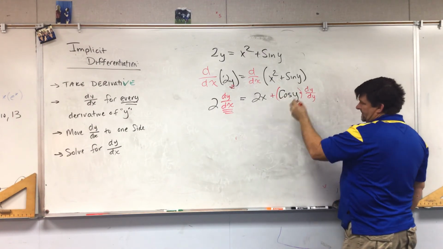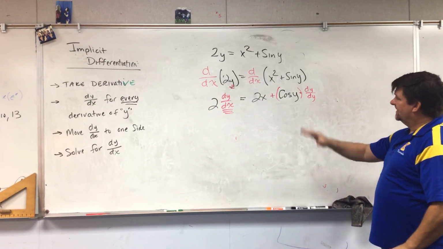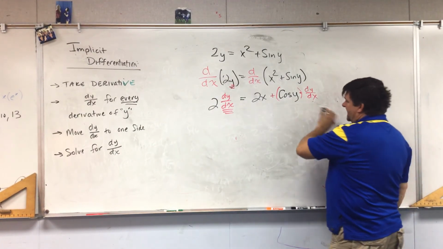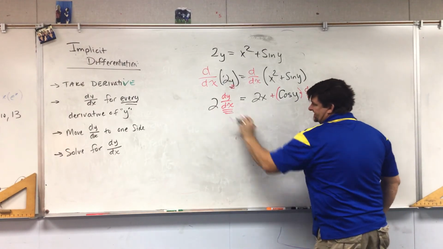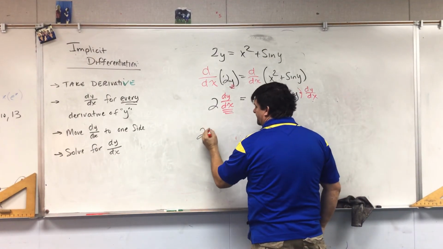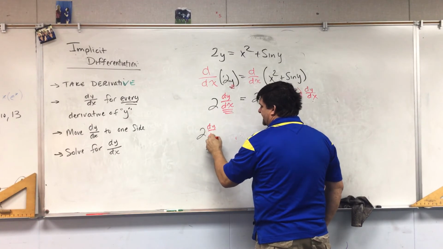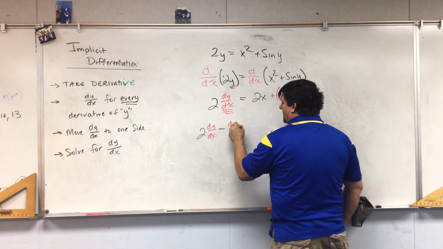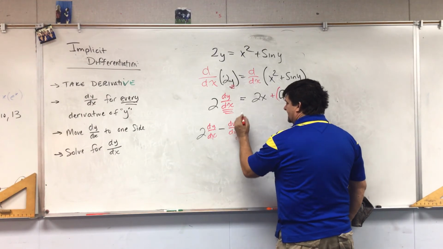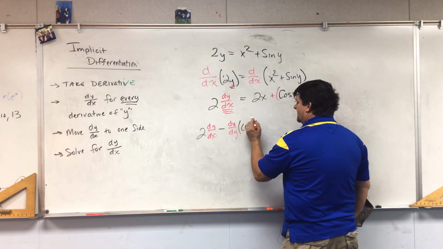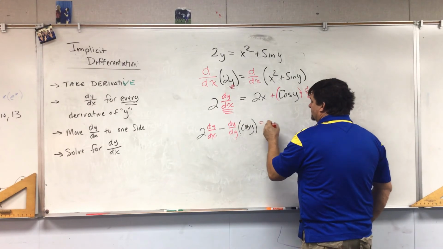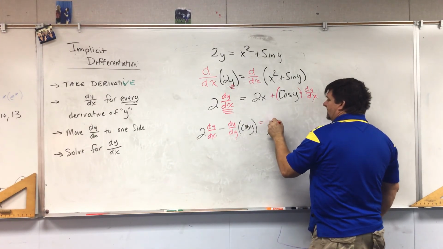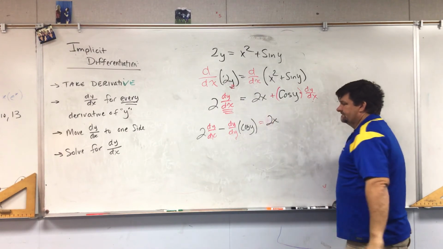So now we've got to do a little bit of extra work. So now I got to move this to the left side. So I get 2 dy/dx minus dy/dx times the cosine of y equals 2x.